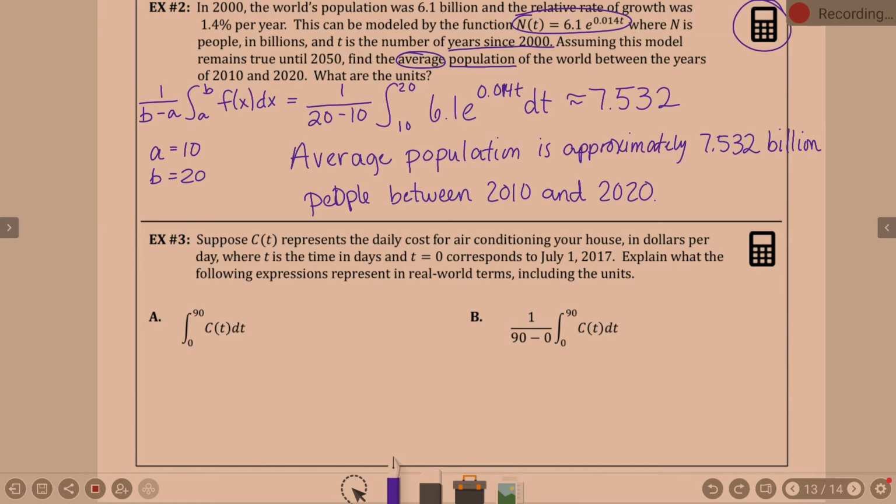The total cost of air conditioning in the 90-day period. Okay, and what is that 90-day period? From July 1st to 90 days after that. Which is July, August, September? But isn't that like 31 days and 30 days?